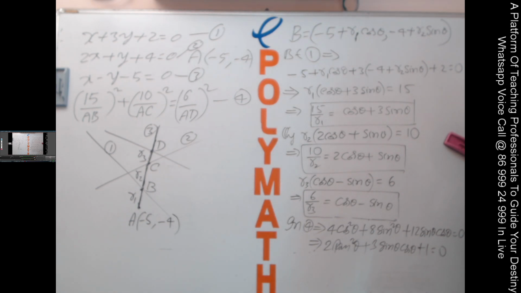Is it correct? Just check it out. 2 tan square theta plus 3 tan theta plus 1 equal to 0.